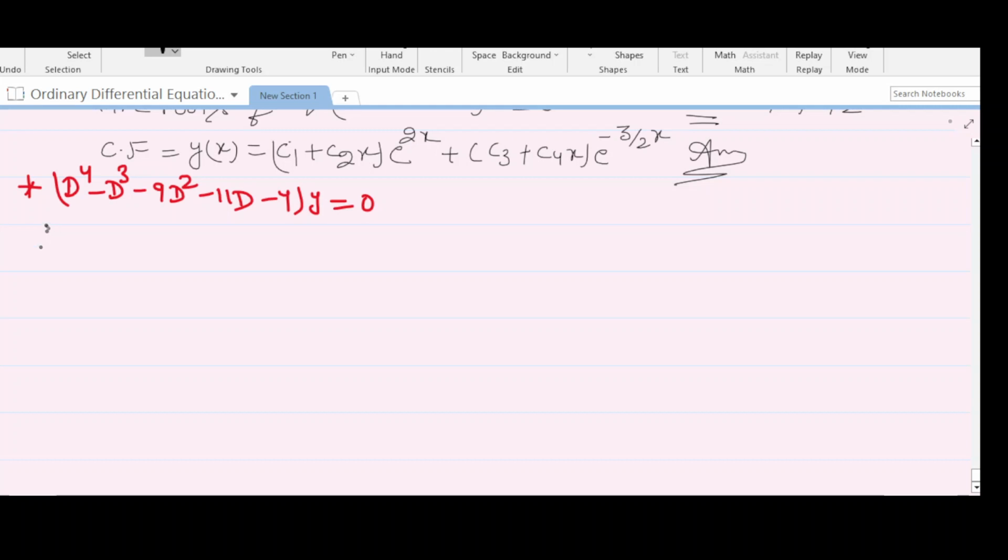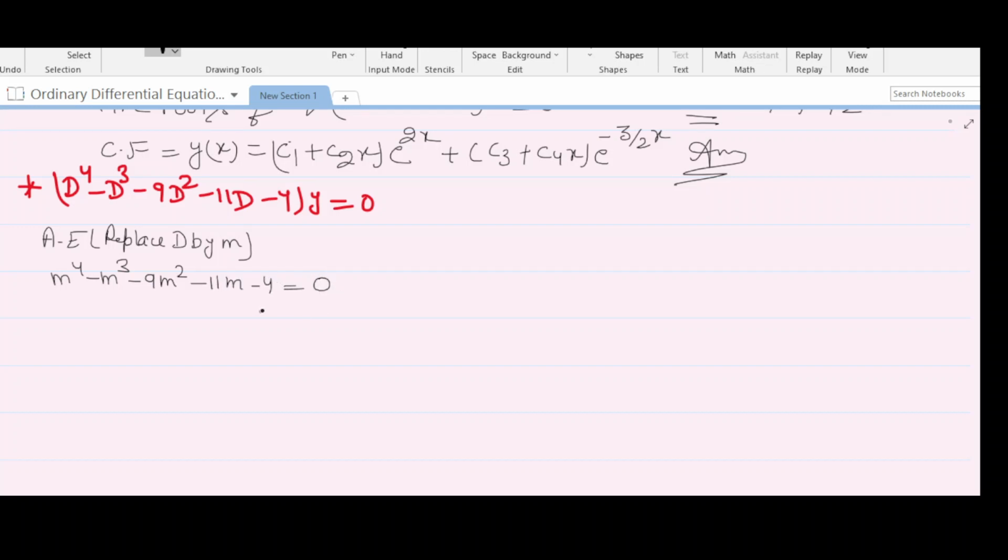Now in order to solve this equation, we have to find the auxiliary equation. Here replace D by m. So it can be written as m⁴ − m³ − 9m² − 11m − 4 = 0.